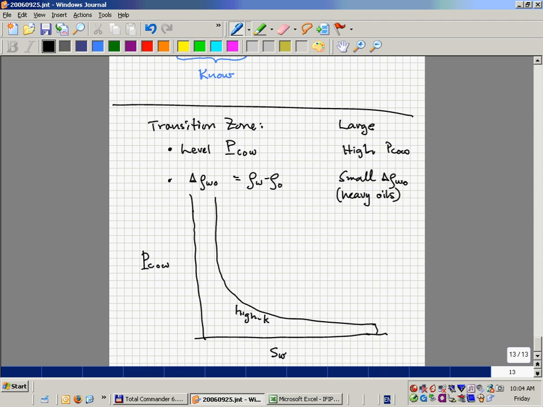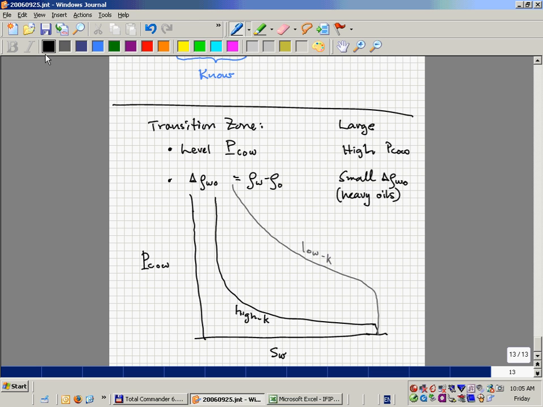For a low permeability rock, it might look like this. Okay? And, of course, everywhere in between.